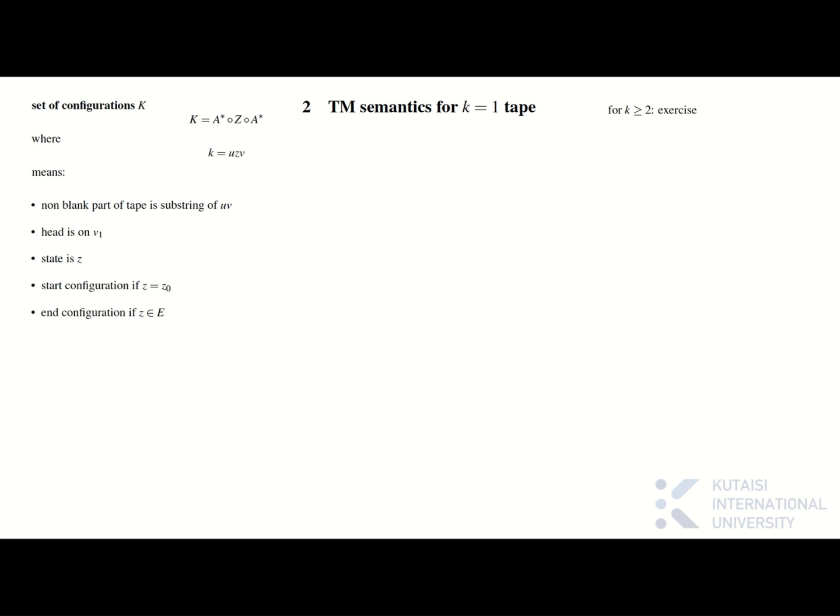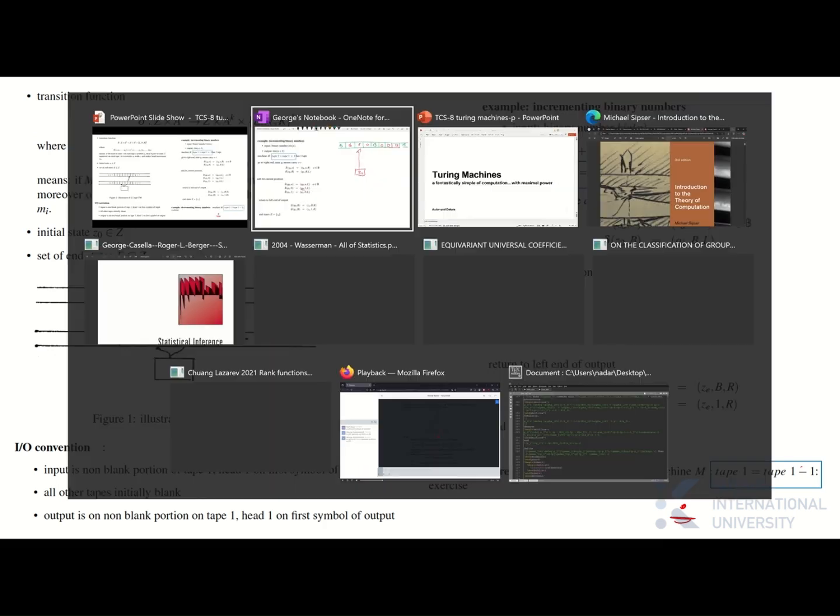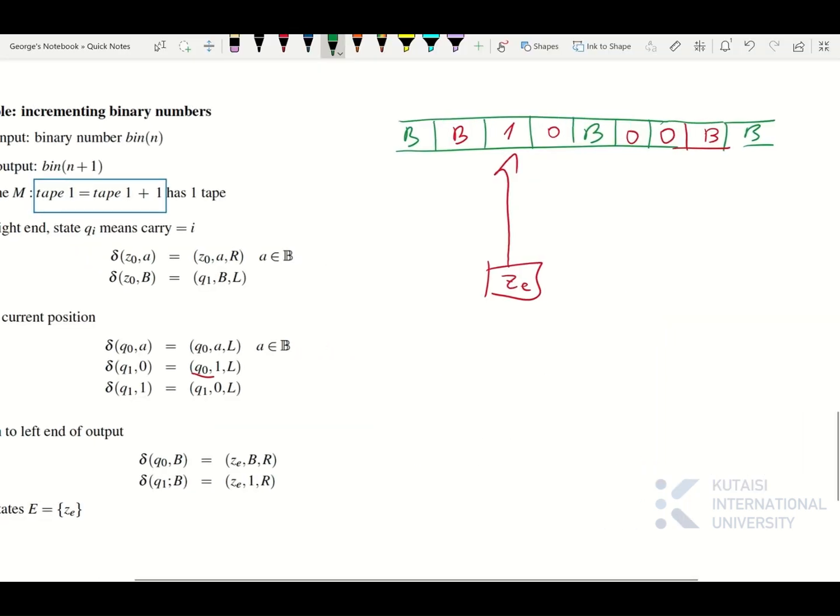So for example, here, where was this? I don't remember what the start configuration was, but it would be something like Z0, maybe blank here, and then maybe 1 0 1 1 1 0 blank, and maybe then there's empty here.